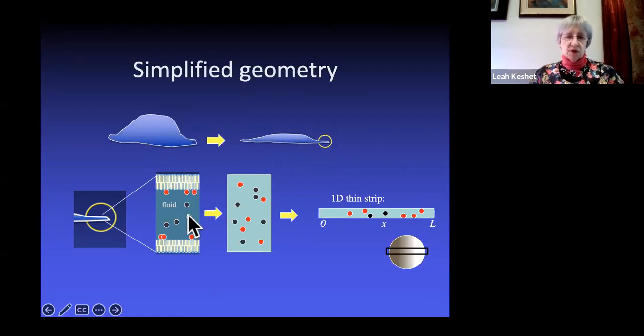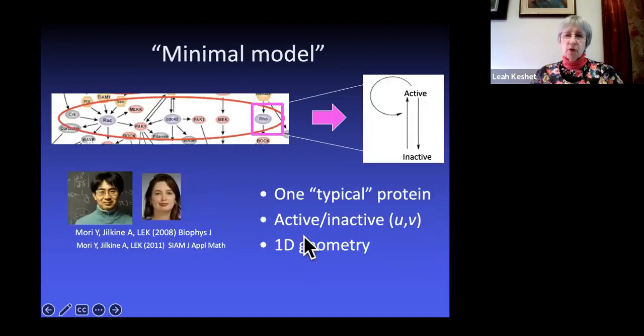We're abstracting that here as a collection of molecules, which are regulatory proteins, some attached to the membrane, some in the fluid, but we won't consider different compartments. Instead, we're just going to assign them distinct rates of diffusion and look at the whole thing as a one-dimensional thin strip and try to understand how patterns of localization can form.